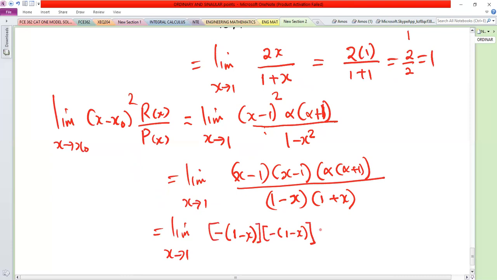I've just written this by factoring out the negative so that I start with 1 minus x, and then I have alpha times (alpha plus 1), divided by (1 minus x)(1 plus x).